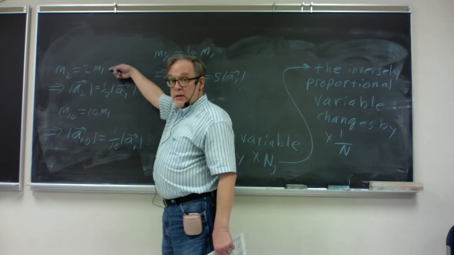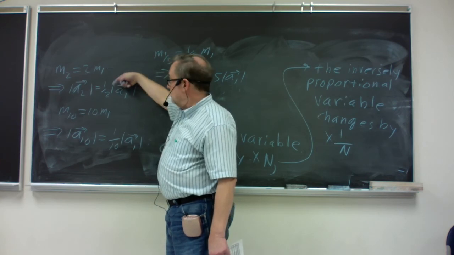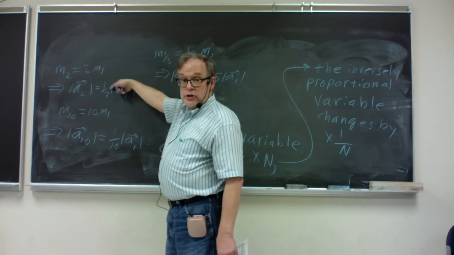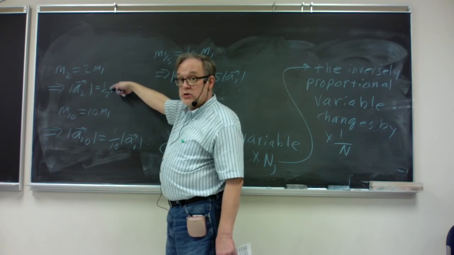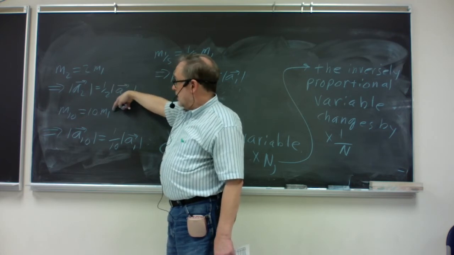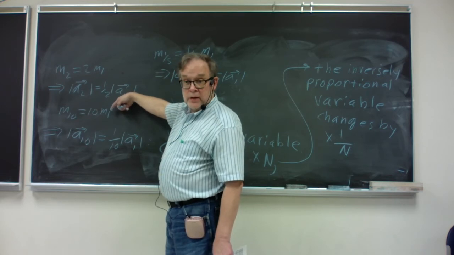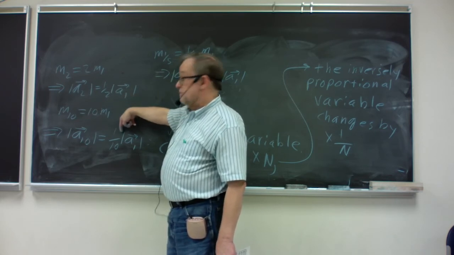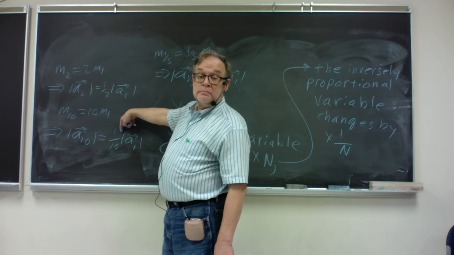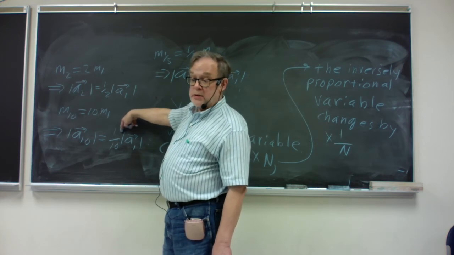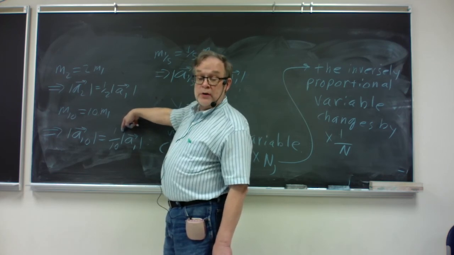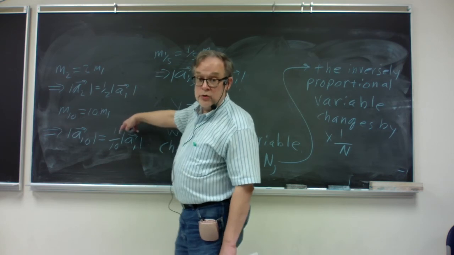One variable, the mass, changed by a factor of 2, so the acceleration changed by a factor of 1/2 because mass and acceleration are inversely proportional. And then if mass increases by a factor of 10, then acceleration, being inversely proportional to mass, must change by a factor of 1 over 10, decreases.